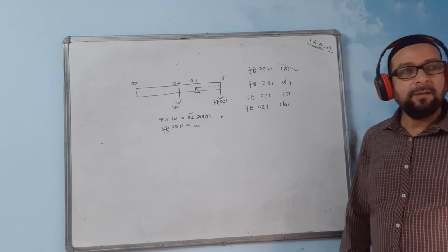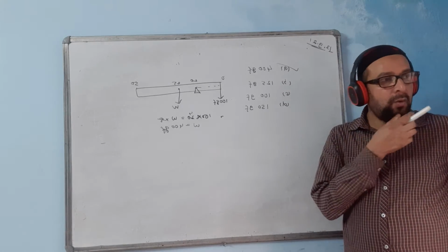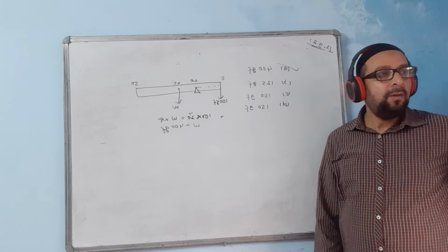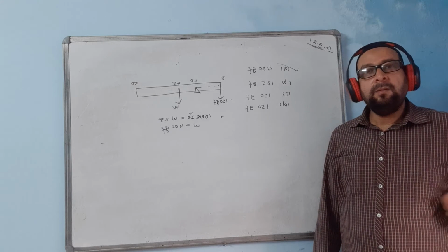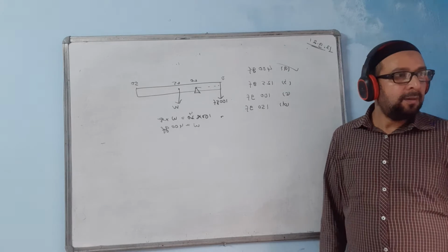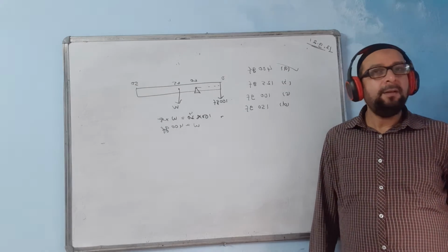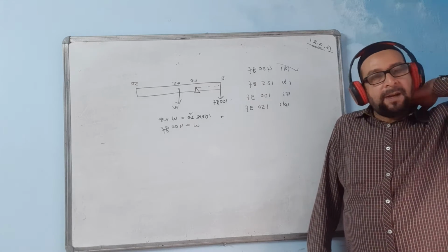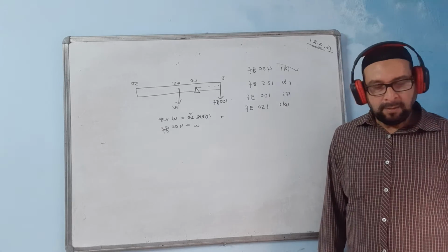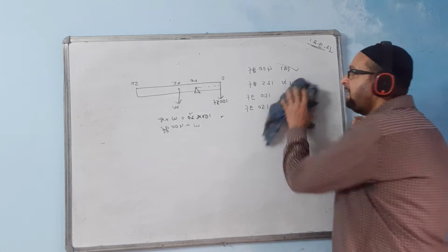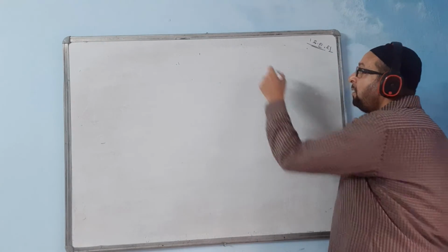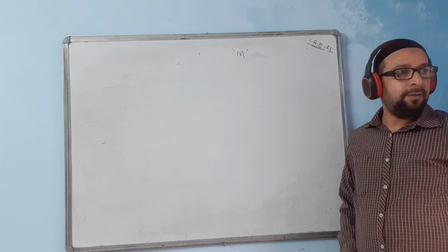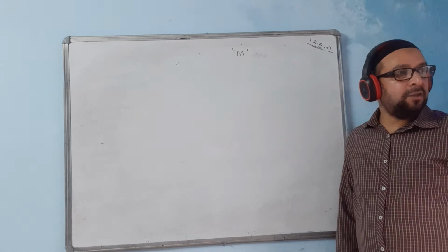Write a question. A uniform meter rule W, capital W, is balanced horizontally at 60 centimeter mark by keeping a weight M at 90 centimeter mark.